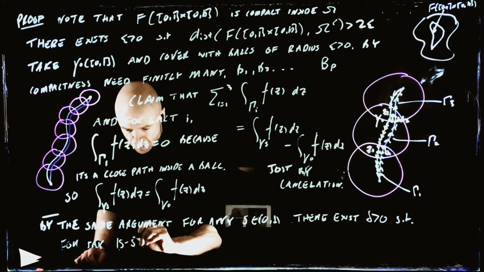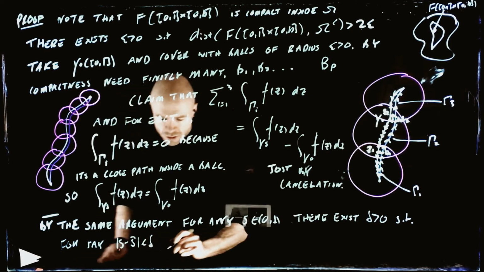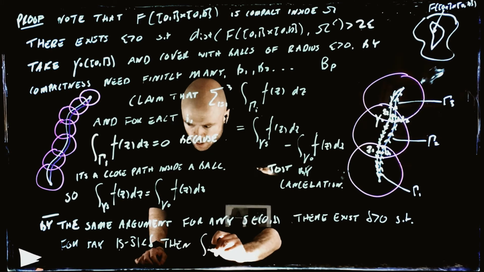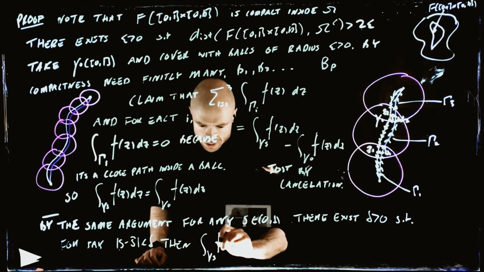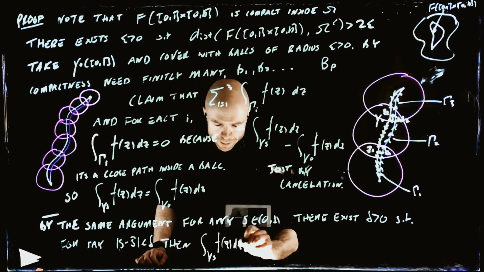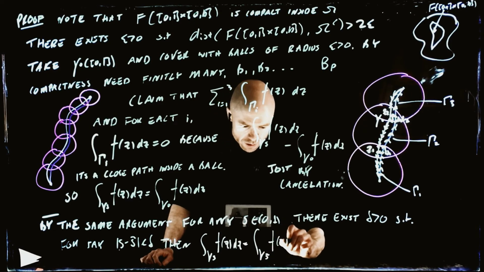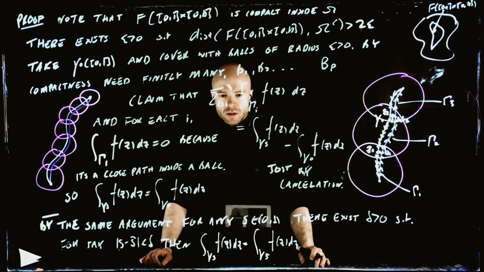Then the integral over gamma of s of f of z dz is the same as the integral over gamma of s tilde of f of z dz. Yeah?